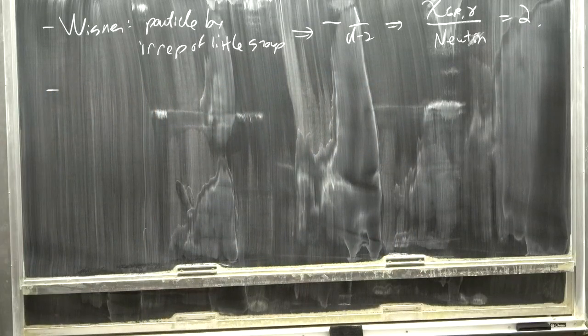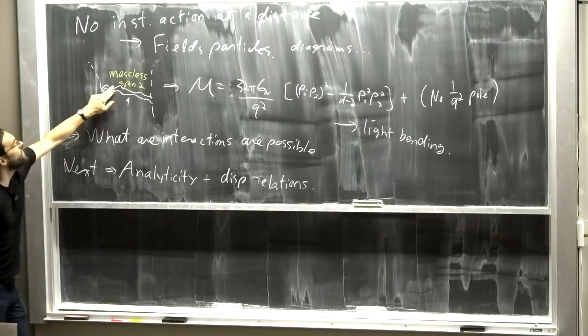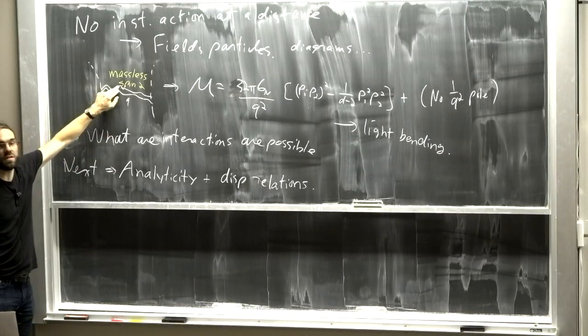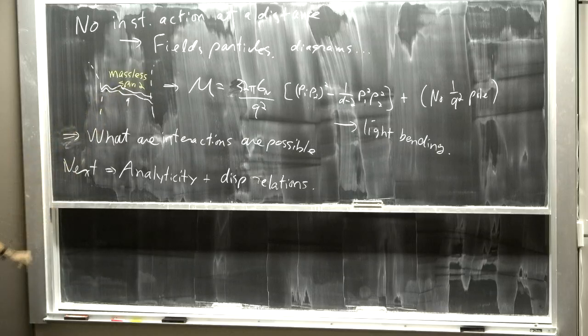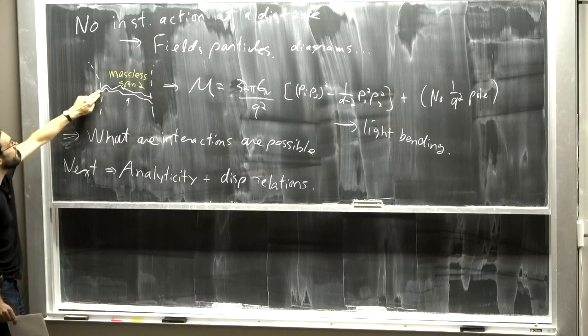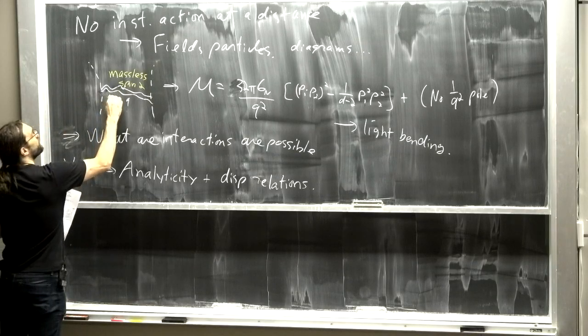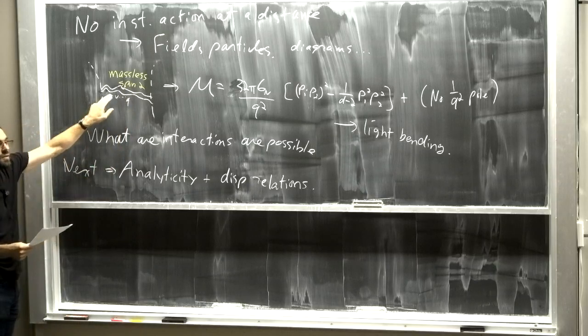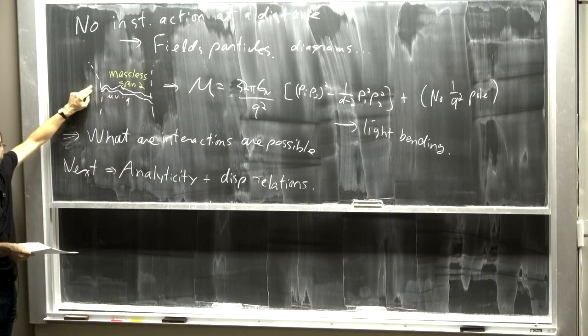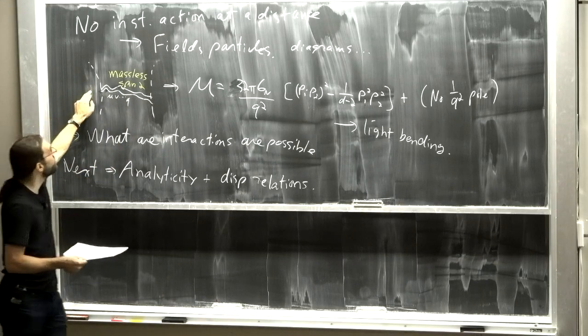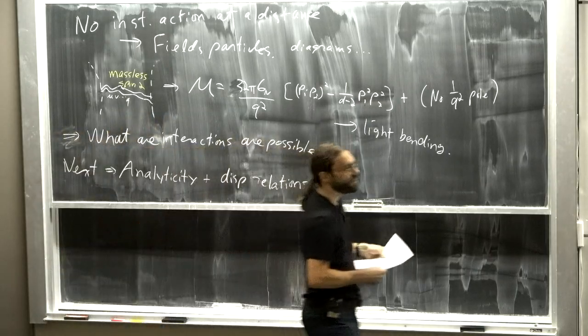A general thing we can say about this formula: you can ask, what if I exchange a particle of spin j instead, massive or massless? Then the thing you exchange will have more indices, and the thing at the vertex it couples to will have more powers of momentum. Therefore, when you exchange a particle with spin j, you get an amplitude that grows like s to the j.